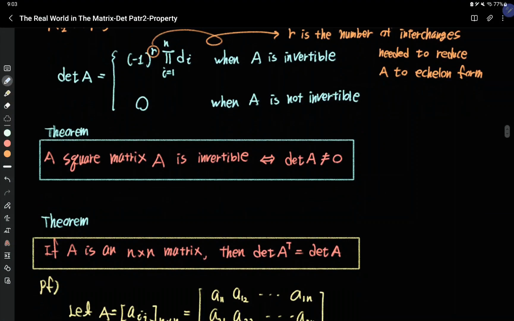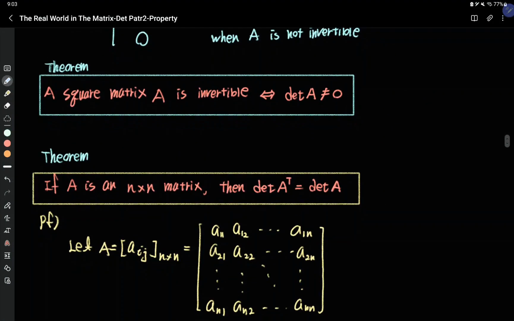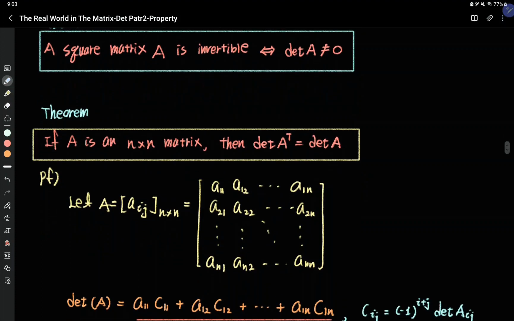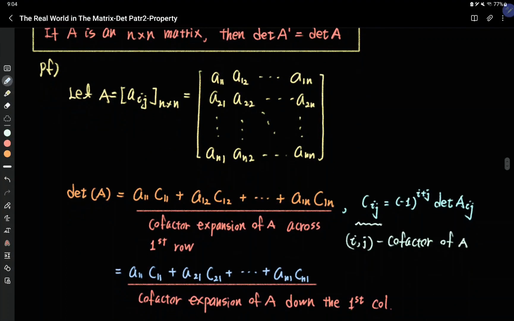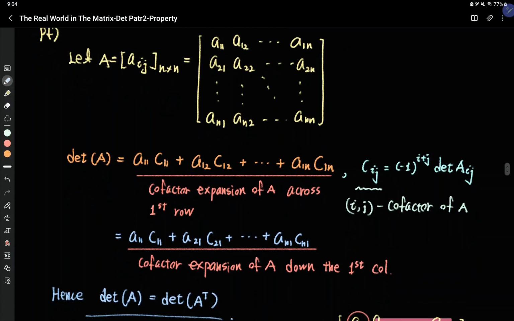Okay, so let's see another theorem. If A is an n by n matrix, then the determinant of A transpose is equal to the determinant of matrix A. Why? Let's say an n by n square matrix A is given like this. The determinant of A using the cofactor expansion across the first row is this, right? That is equal to the cofactor expansion of matrix A down the first column.